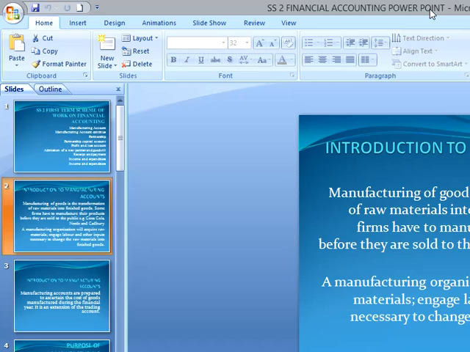Now the introduction. What is manufacturing account? Before we can define manufacturing account, I want to define manufacturing. Manufacturing simply means transformation of raw materials into finished goods.